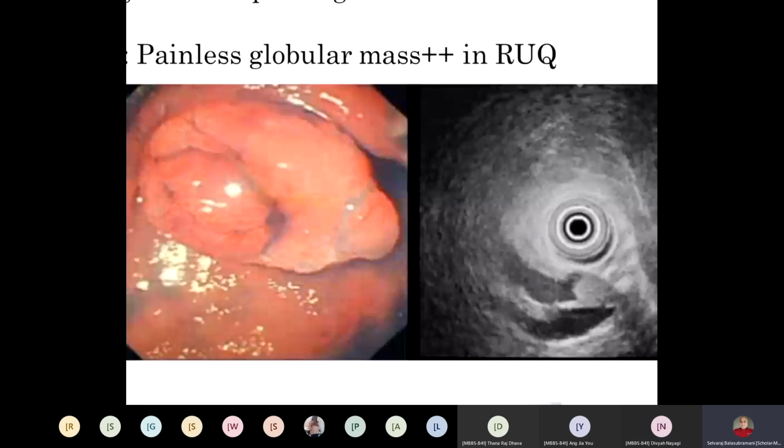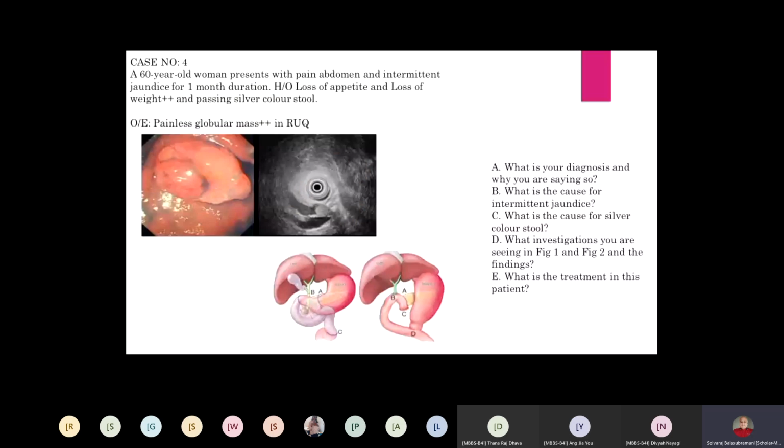So that will be positive. This blood will mix with the pale color stool, and that turns the color of the stool into silver color. This is a characteristic feature, which you will see only in periampullary carcinoma. If you are getting a silver color stool, you have to be aware of periampullary carcinoma. Of course, you have to prove the diagnosis by taking a biopsy.